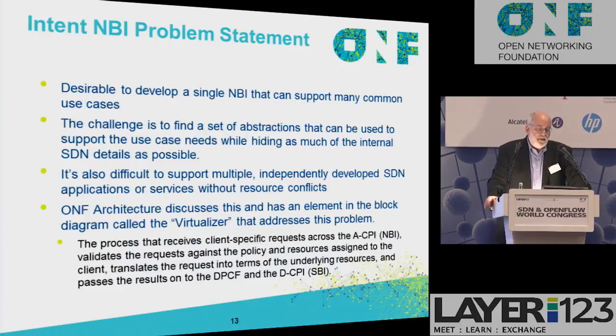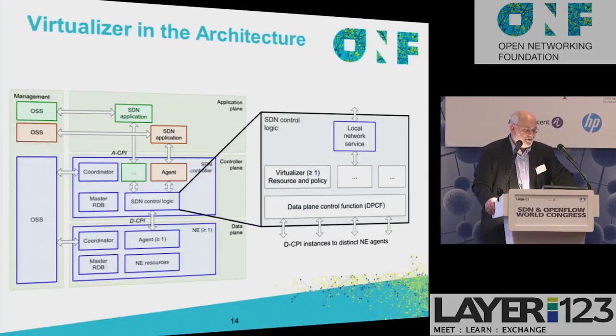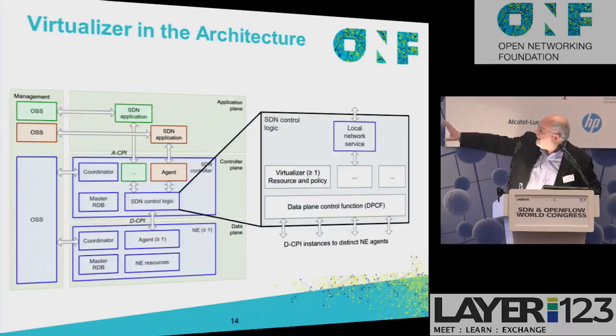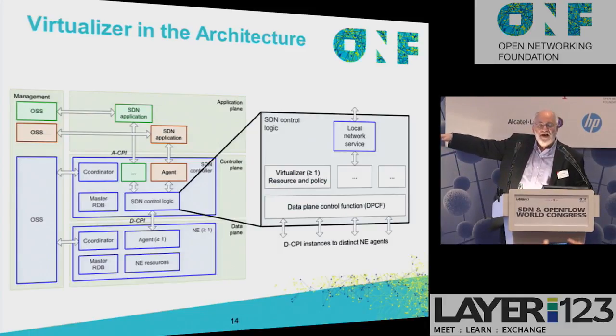The process receives the client-specific requests across the northbound interface, then validates those requests against the policies and resources in the network that are accessible to this particular customer and application, and then translates them into the underlying resources. That's the job of the virtualizer. So this is where the virtualizer is in the architecture. You remember this picture from earlier. There's the virtualizer on the right that controls access to the resources and the policy in the data plane.